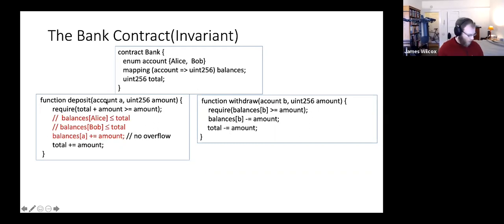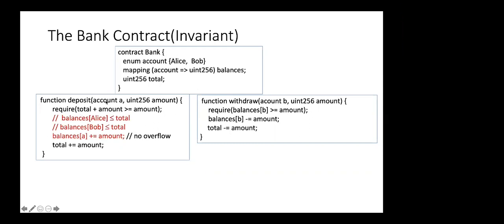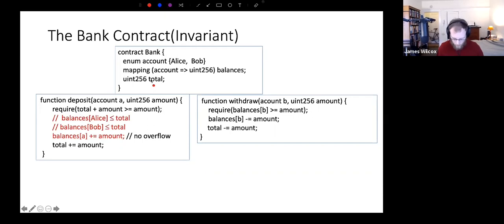So let me draw something. So you're saying we could overflow, and then that wouldn't be true anymore. So I think what we want is basically a state where we've got Alice's balance, we've got Bob's balance, and we've got the total, right? So we're in some state. And then we're going to take either a deposit or a withdraw.